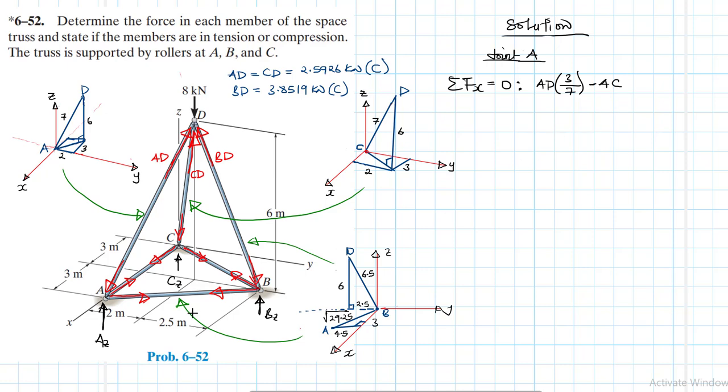So AB in the x-axis will also be negative, so it will be minus AB by 3 divided by root of 29.25, then close bracket equal to 0.